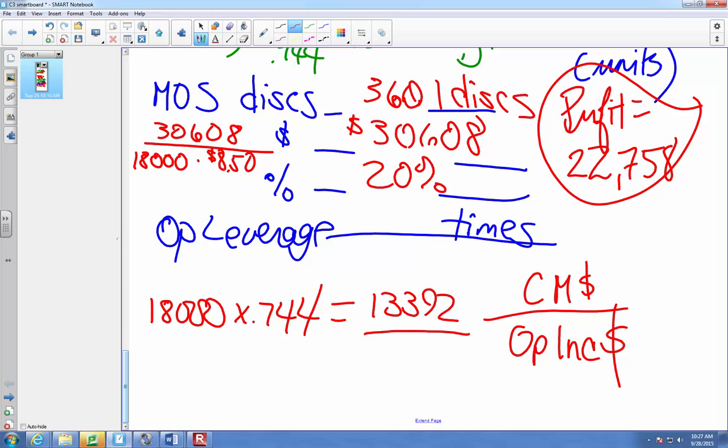We're multiplying this by dollars, not percentage, my bad. How much is my CM for one desk? Okay, I'm like, that doesn't make sense. $91,000 are my fixed.